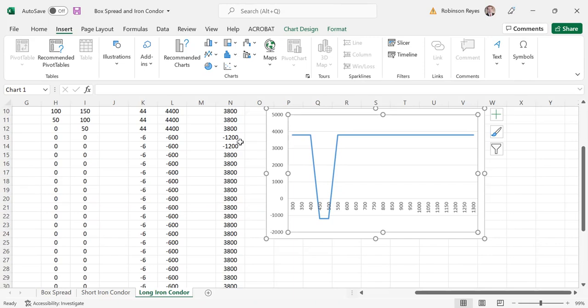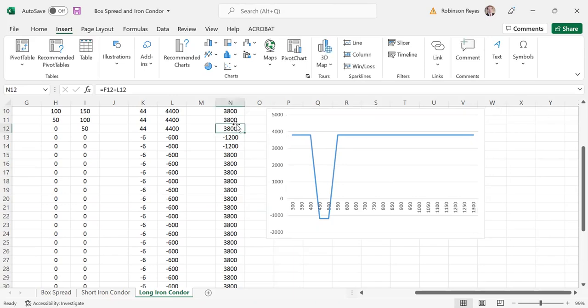And as long as that happens, we end up with profits, and we know that the profits are 3,800, whereas the maximum loss is the 1,200 that we will actually need to form the portfolio. We will need that money if we want to form it to begin with.